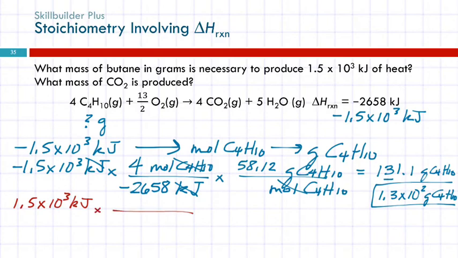Now, instead of going to moles of butane, I want to go to moles of what? CO2. And from moles of CO2, I'm going to go to grams of CO2. It's the same process, I'm just interested in a different chemical this time.